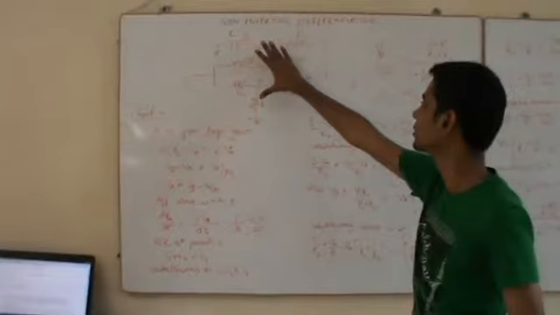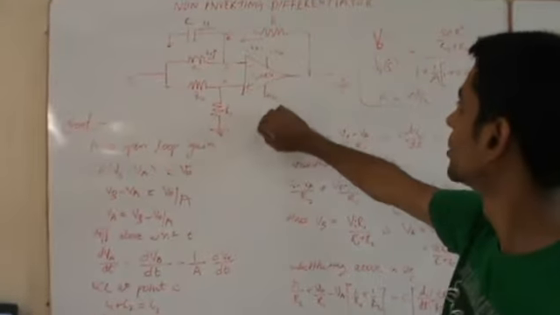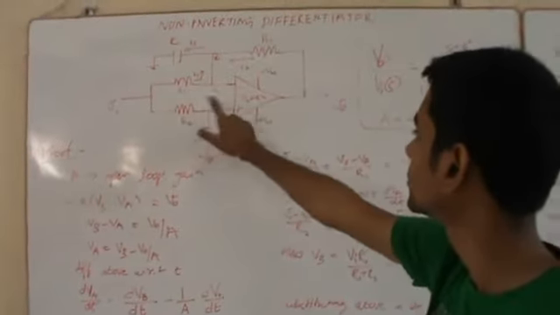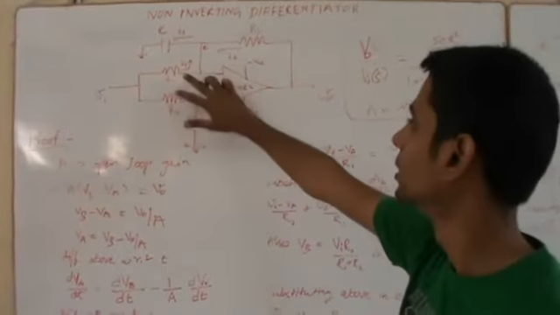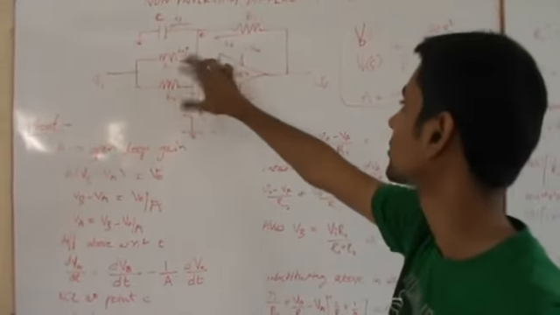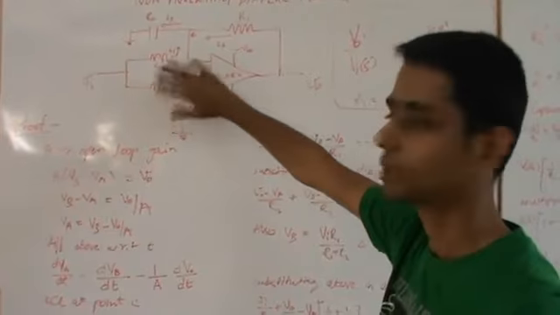For that, you can see we have the non-inverting differentiator here. We have two resistors R1 and R1 of equal values, and the two input or the base resistors R2 of equal values.